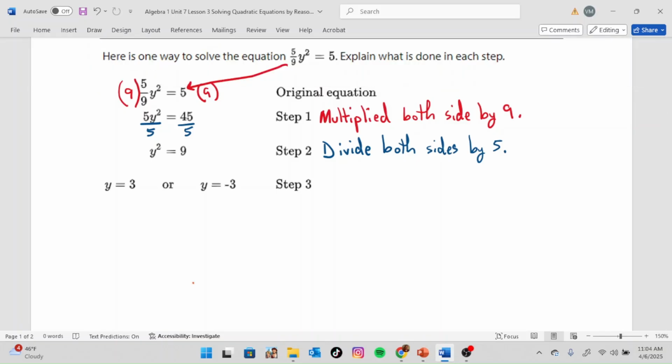And finally, we can see that we've gone from y squared to y, and we've gone from 9 to 3 and negative 3. They've done this by taking the square root of both sides.